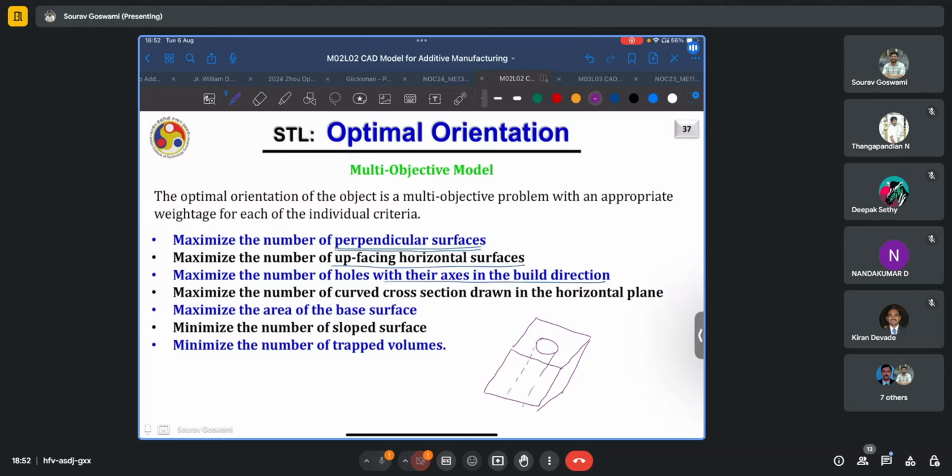Now, if this is perfectly aligned, and assuming your build direction is positive Z, in this case, you will not require any support materials inside this hole because it will be self-supported. Only thing you do is not deposit material in that region in every slice and you're good to go.